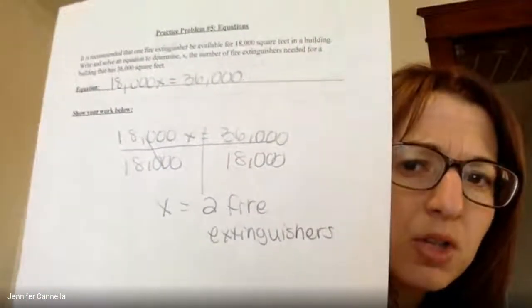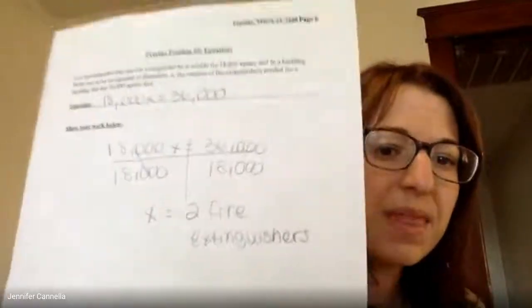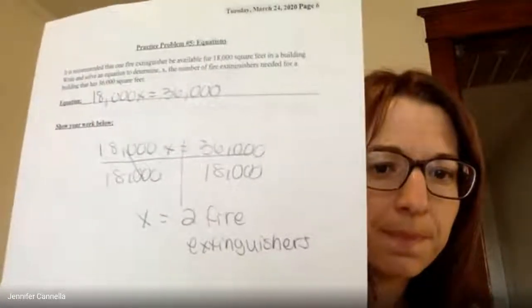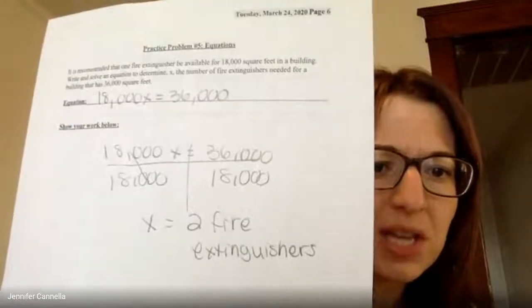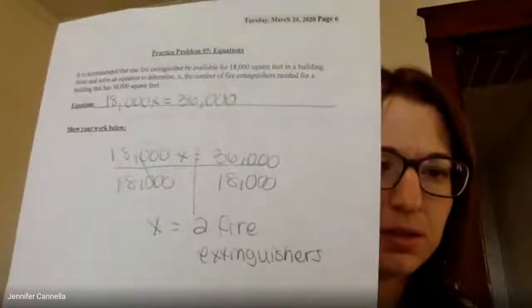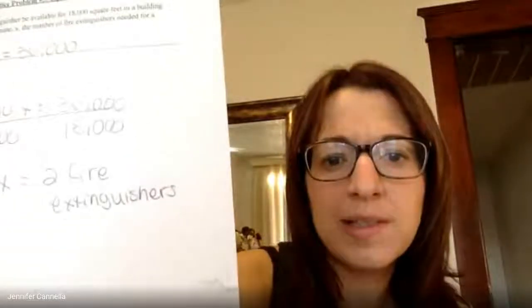But just remember, I just want to stress, because we made some mistakes, that equations have an equal sign. Okay, equations have an equal sign, expressions do not. Got it? Equations have a what, girls? Equal sign. Expressions don't. Say that one more time. Equations have equal signs. Expressions don't. Okay, good.